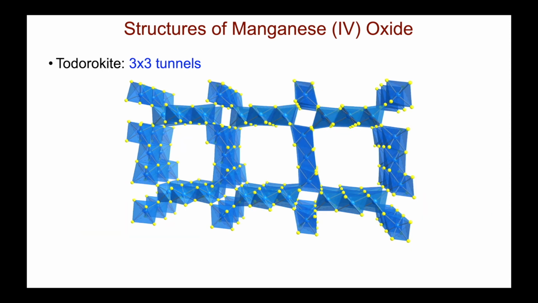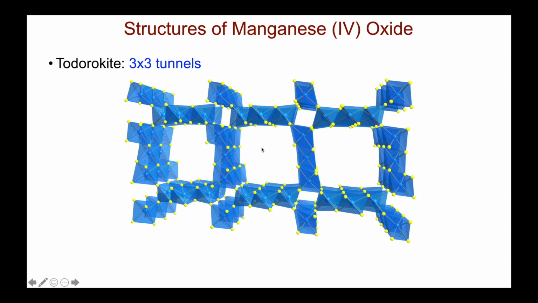Another form of manganese oxide is called todorokite, shown here. In this case, the arrangement is such that we get 3 by 3 tunnels. So in this case, these one-dimensional channels are 3 octahedra by 3 octahedra, and there's a huge open space here.